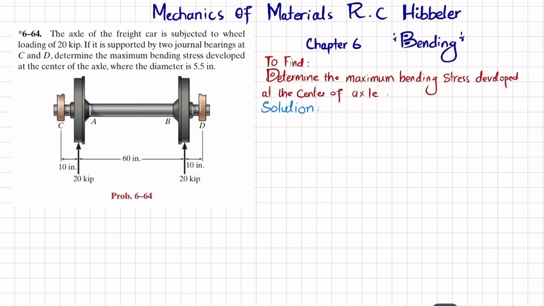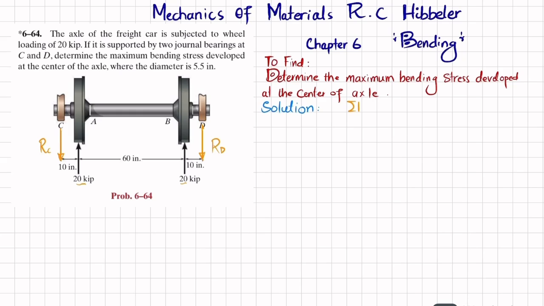If you remove this bearing at C, there will be a reaction force that will be taken as downward because these two forces are upward. So that is represented as RC. And if you remove this bearing at point D, you will have a reaction force which will be represented as RD. So we will find this RC and RD by using equations of equilibrium.